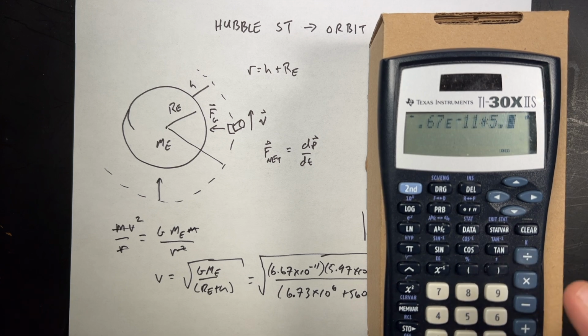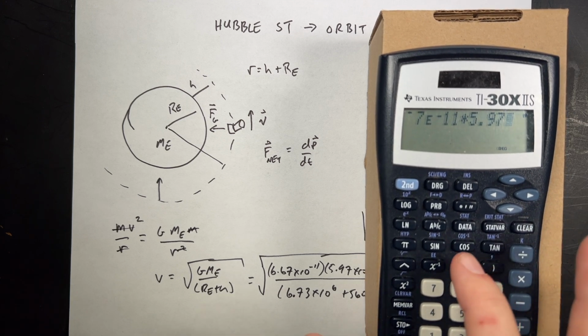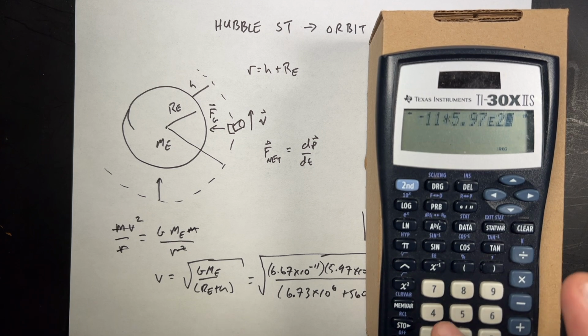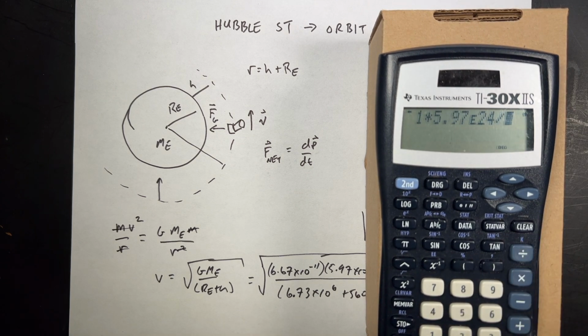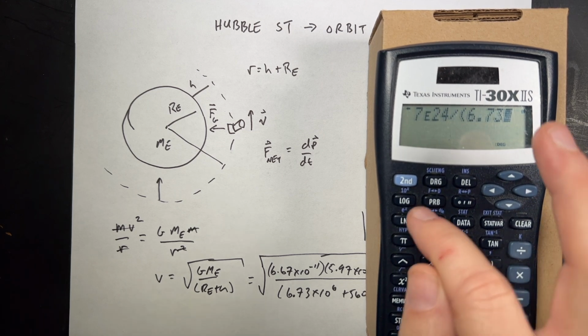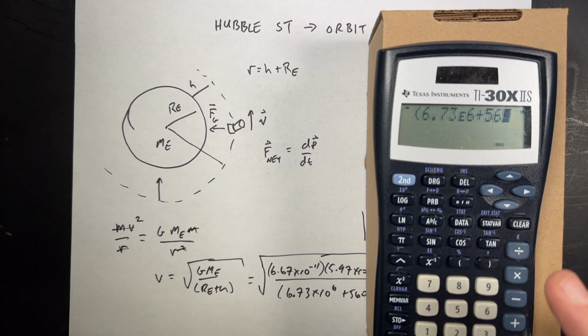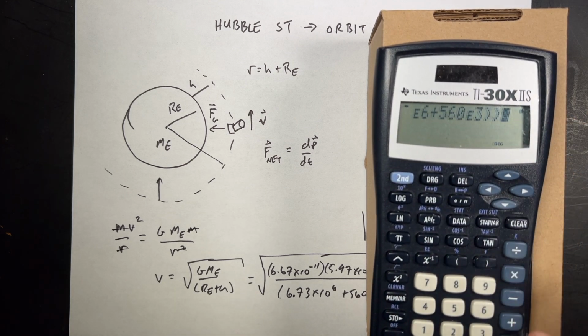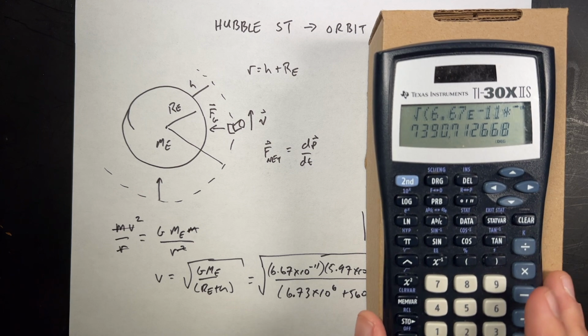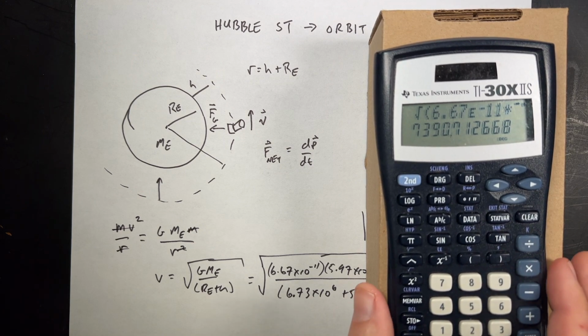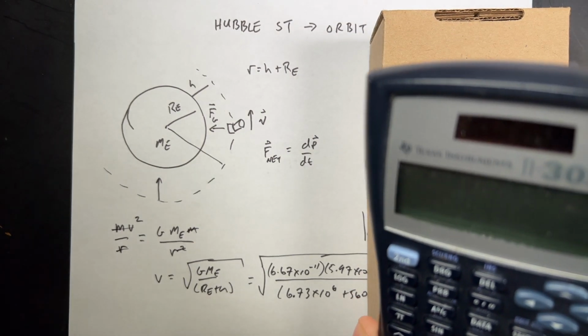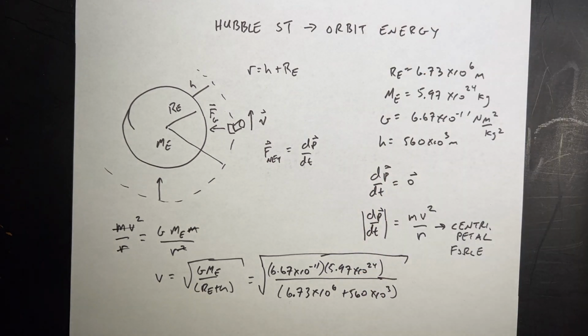Times 5.97 scientific notation 24 divided by, now I have a sum in the bottom, so I do need parentheses down there. 6.73 scientific notation 6 plus 560 scientific notation 3, close parentheses, enter. Okay, so I get, what's that? 7391.